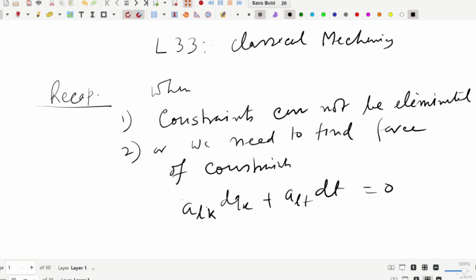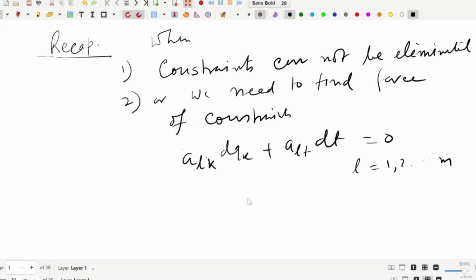Here a_lk and a_lt are functions of coordinates and others, and l runs from 1 to the number of constraints, I considered m last time. When we consider virtual displacement, this changes to sum of a_lk delta q_k equal to 0.